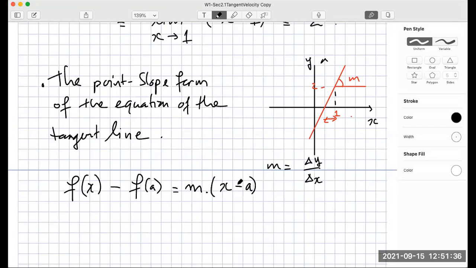Very good, thank you. It is actually from this formula, right?